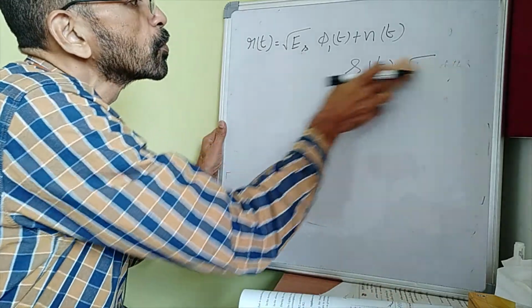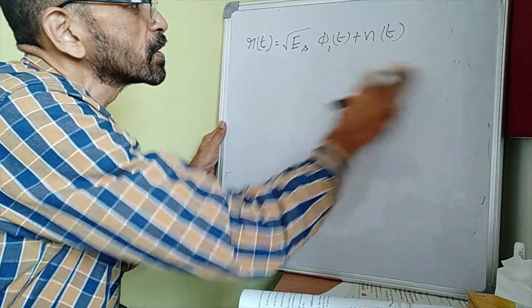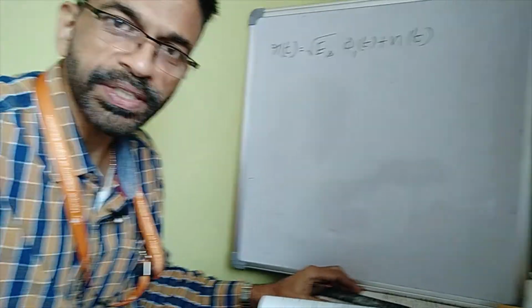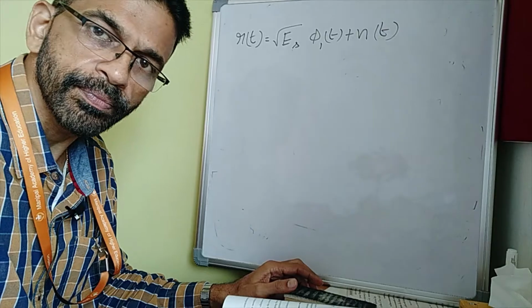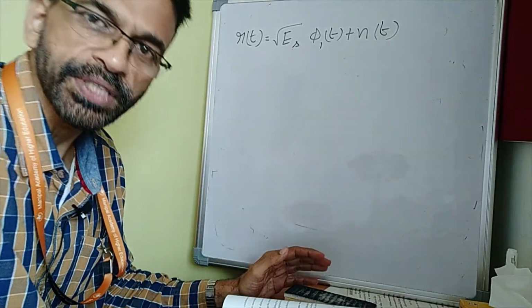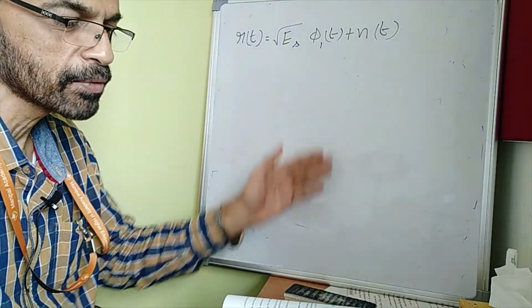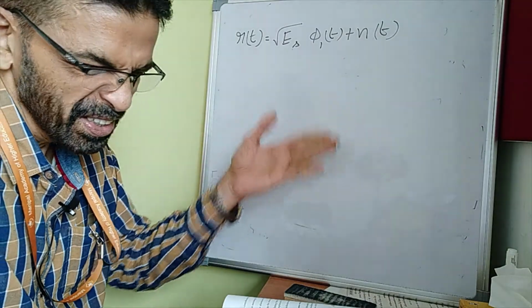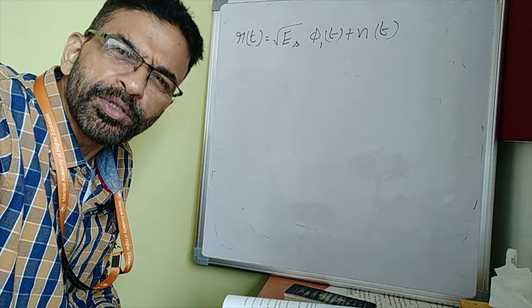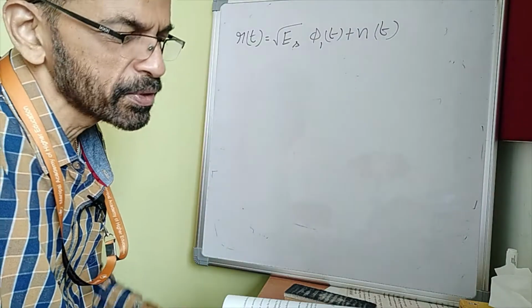Now, because of the branching of the signal which happens at the receiver, I will not redraw the picture here, because we have discussed it. If you could just go back to the previous lecture video, towards the end we have discussed it.